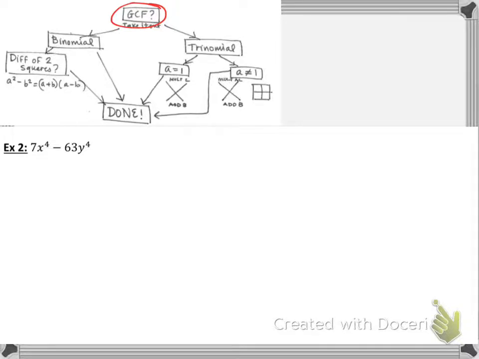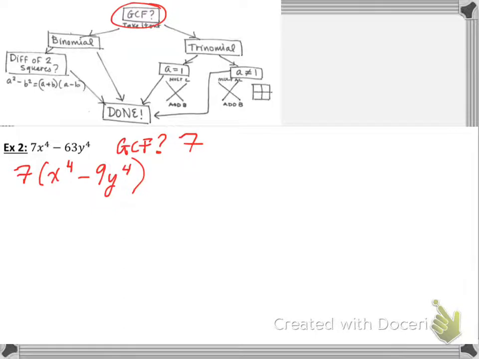So there's not a common variable there, but they do have a common number because 7 goes into 63 9 times, right? So the GCF is 7. So we're going to take out a 7. And then what's left over is x to the 4th minus 9y to the 4th.